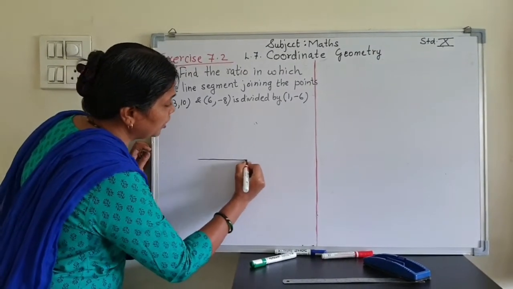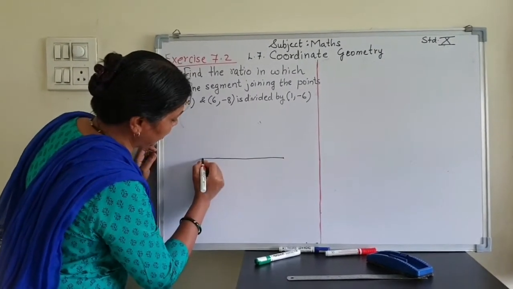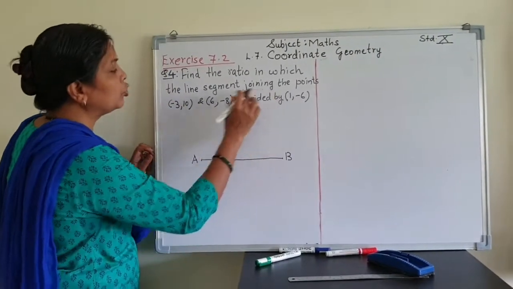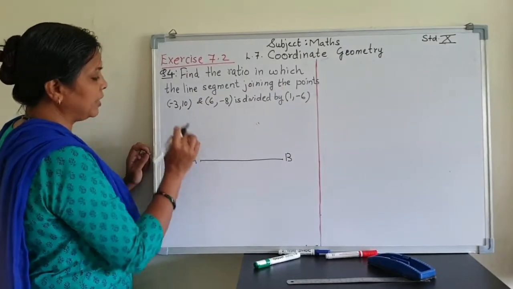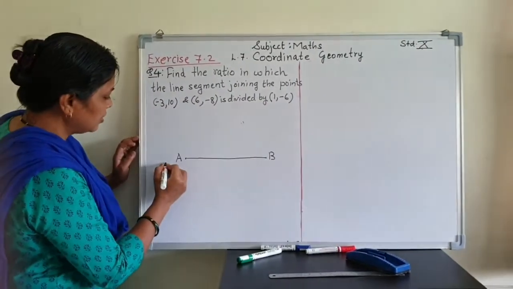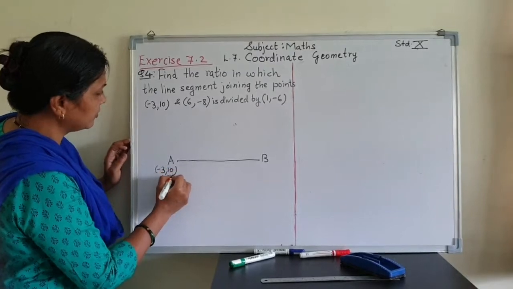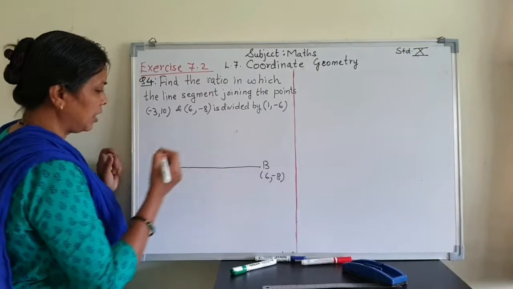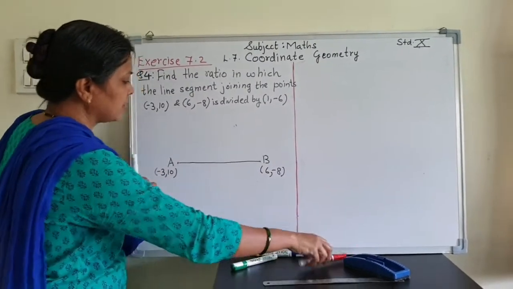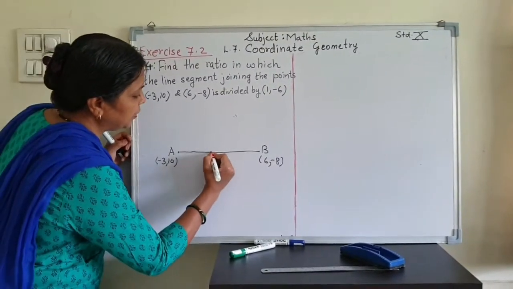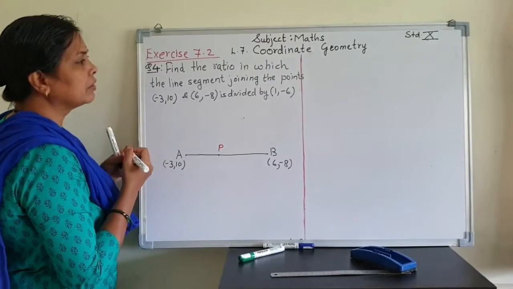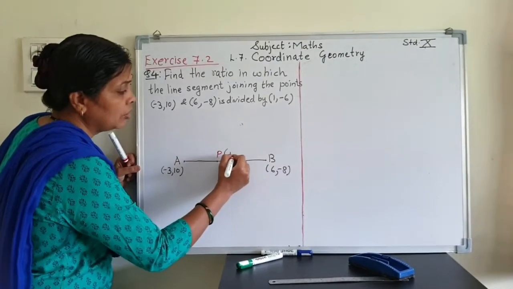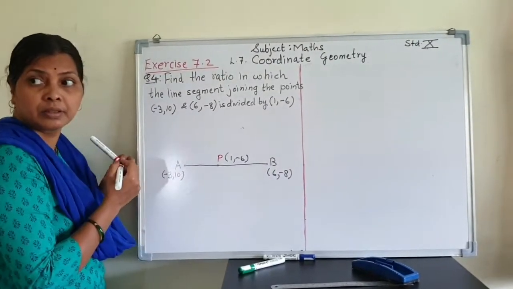See, I'll show you here with this representation that point A and point B, these are the 2 points. So line segment is AB with coordinates here -3, 10 and here 6, -8. Now let's take point P, they have given the coordinates of point P, that is 1, -6.